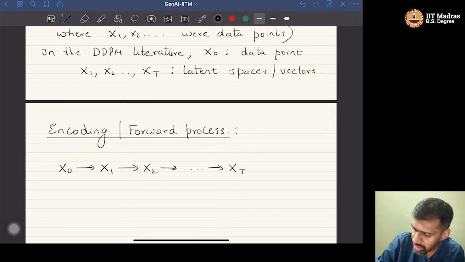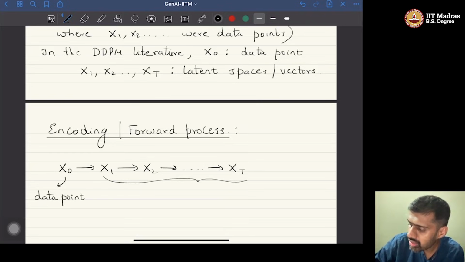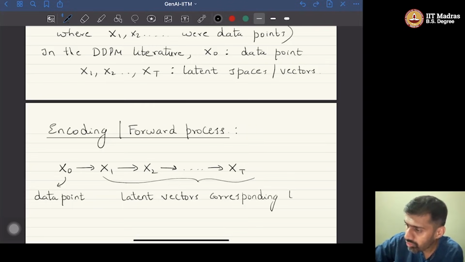Now this is the data point, and all of these are latent vectors corresponding to x naught. This will be our notation.